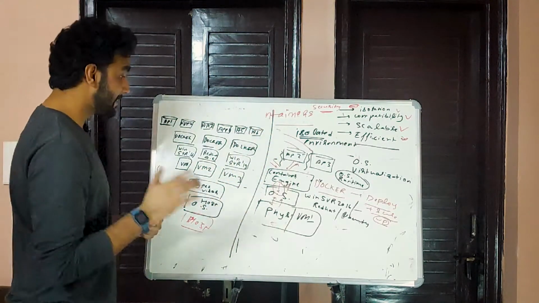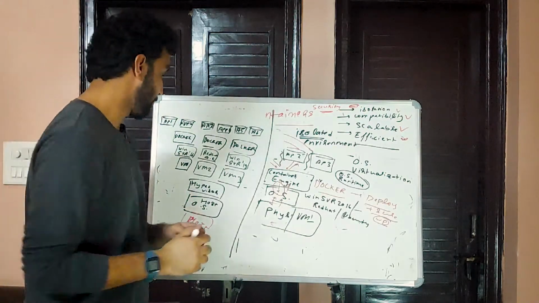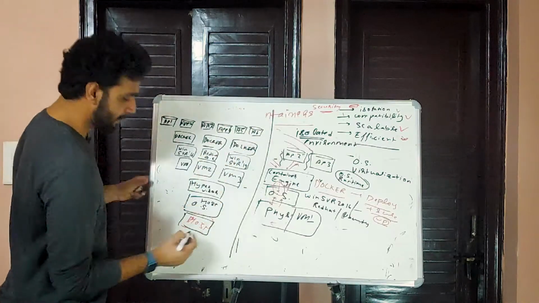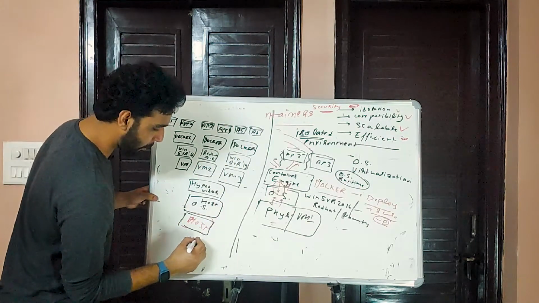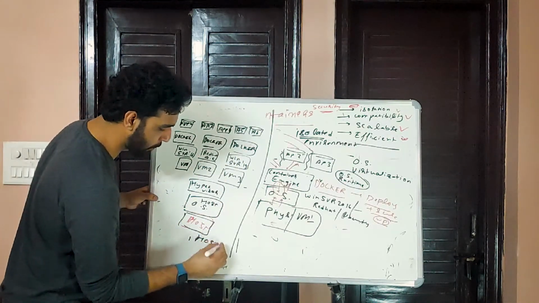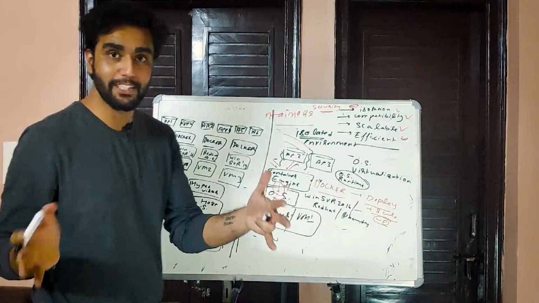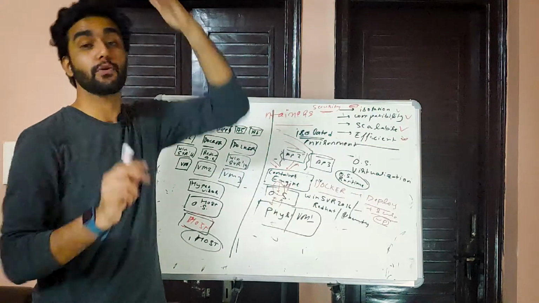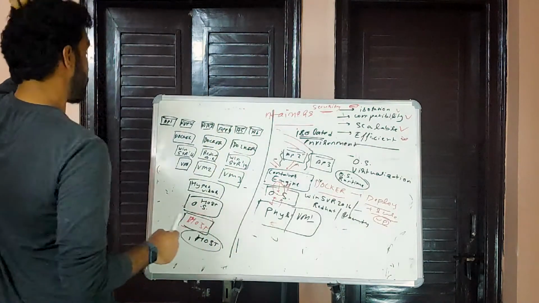So imagine the level of isolation here. First of all, this is a single physical machine. All of this is on one host. There's only one box, one server, and you're running so many applications totally isolated from one another. That's what you're trying to do.